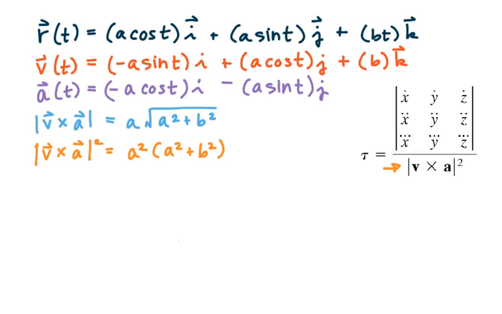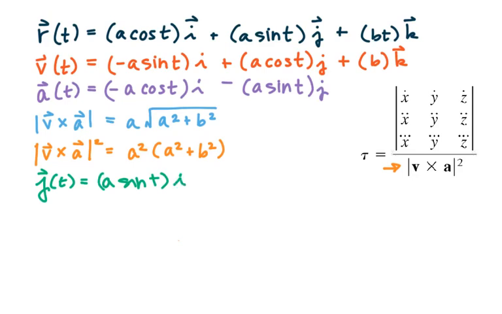In the determinant, I'm going to put my velocity components, my acceleration components, and then I need my third derivative. Essentially, that's called the jerk. But let's find that third derivative. I'll call that J of t. So the derivative of cosine's negative sine, I have A sine of t.